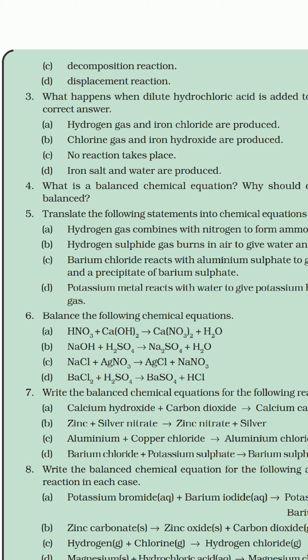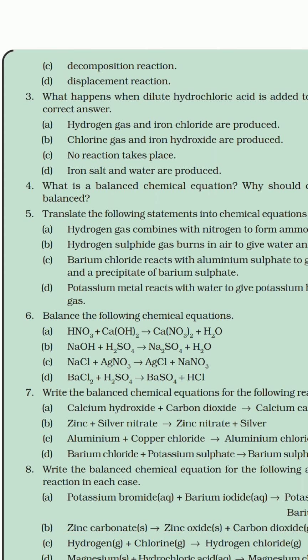Atoms of different elements on both sides means the reactant side and the product side are equal. And the equation must be molecular. That is, the gases, if involved in the equation, must be in the molecular form like H2, O2, N2, Cl2; the elements must be in molecular form.